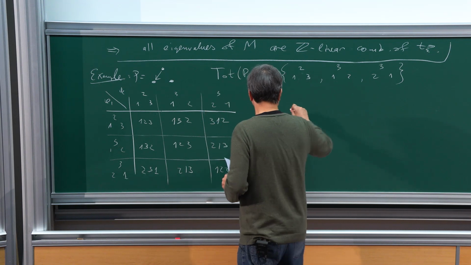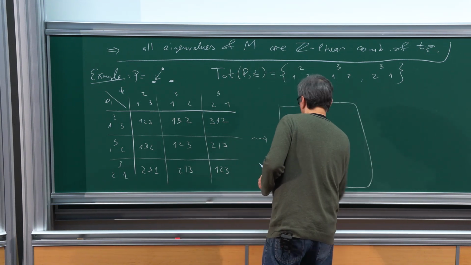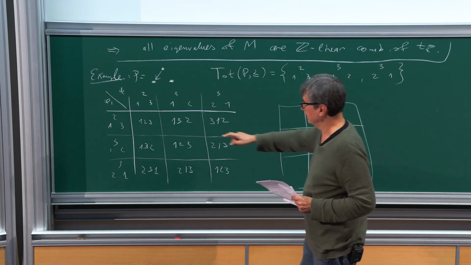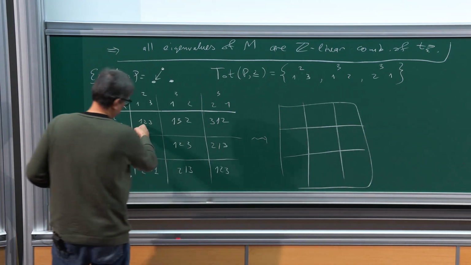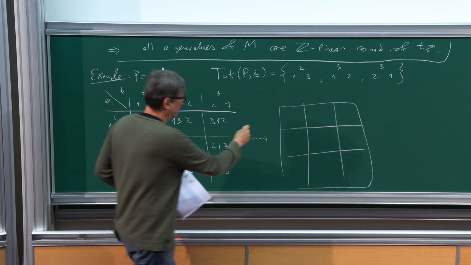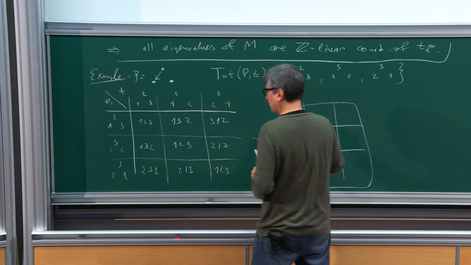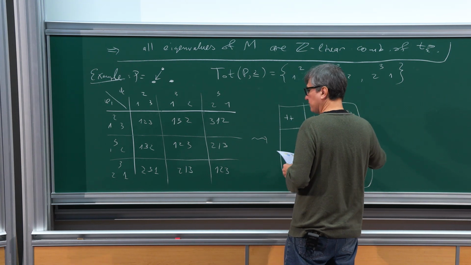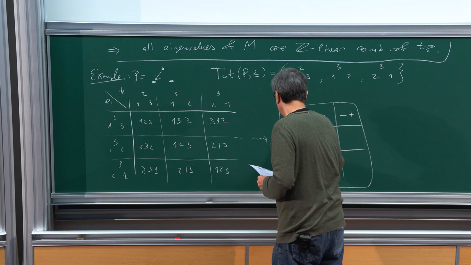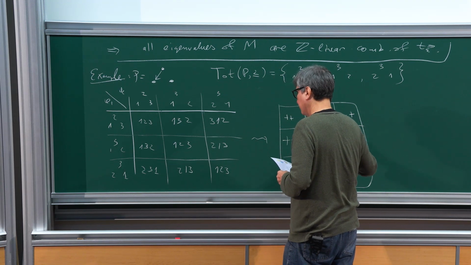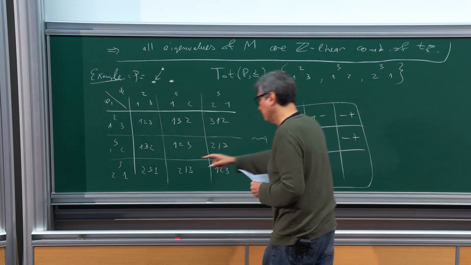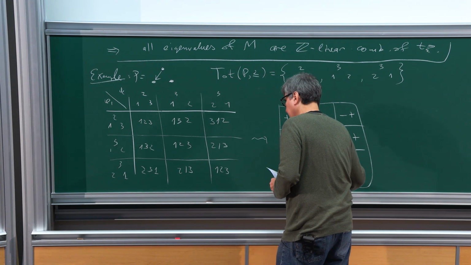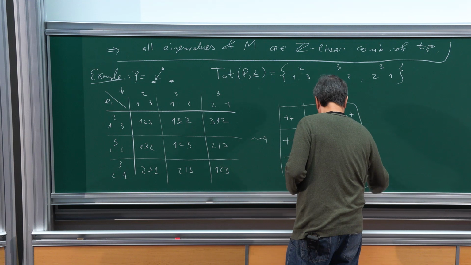Okay, so I get this matrix now. I will not draw indices anymore. Now look at neighbors. I get plus plus, plus minus, minus plus, plus minus, plus plus, minus plus, plus minus, minus plus, plus plus.